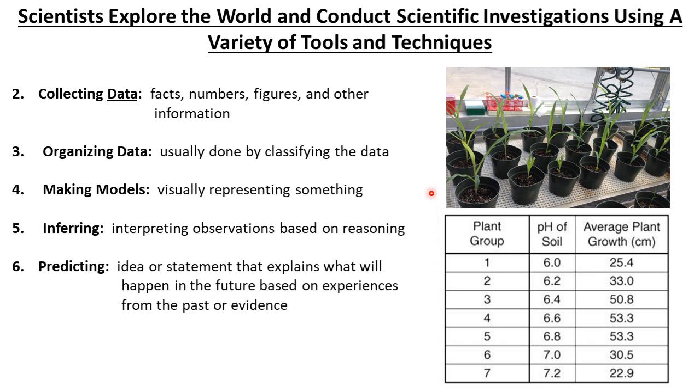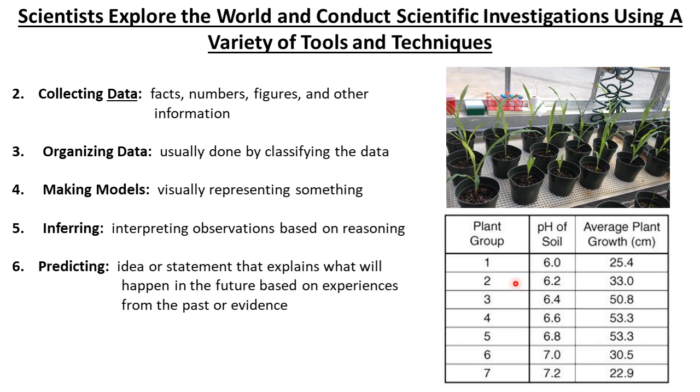We can see we've conducted an experiment on plant growth in different pHs of soil and then measured the average plant growth. In group 1, we had a soil pH of 6.0, and we can see the average plant growth is 25.4.